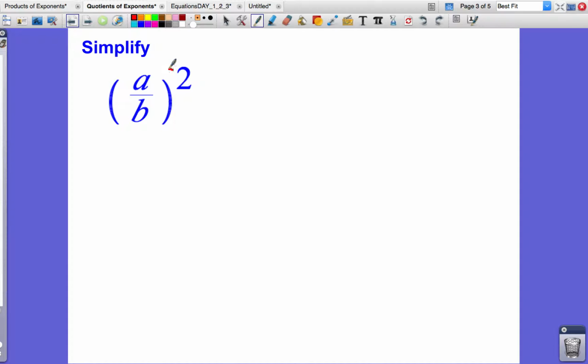So this a is being raised to the second power and this b is being raised to the second power. If I simplify this, it becomes a to the second power, still divided by b to the second power. My fraction is not lost. I'm distributing this power of 2 to everything inside my parentheses, so it becomes a squared over b squared.